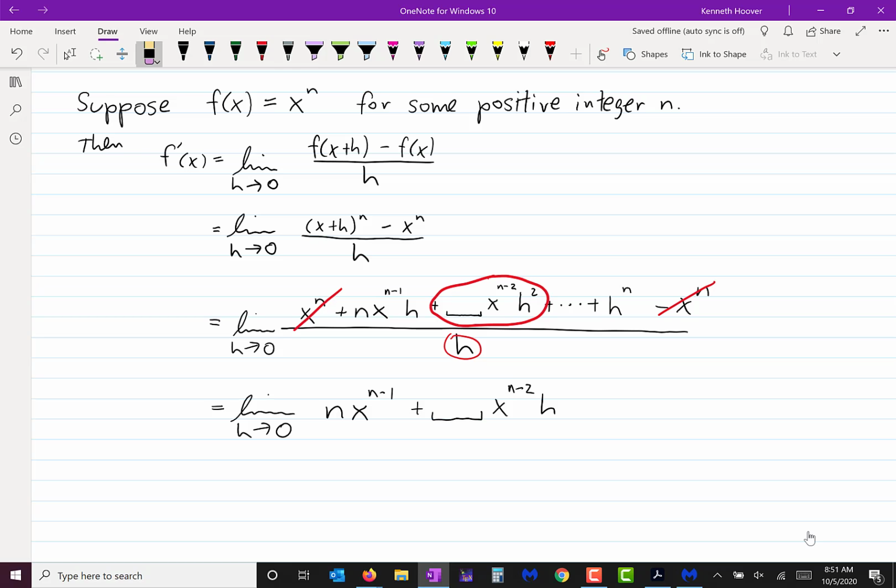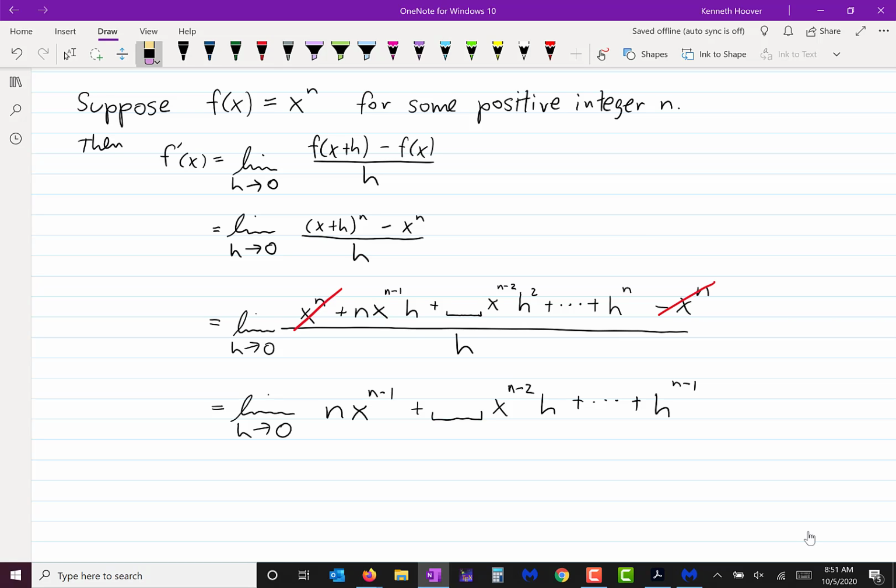And then it continues as we go, and when we get to the end here, now instead of h to the n, it will be h to the n minus 1, because one of the h's canceled out with the h on the bottom.